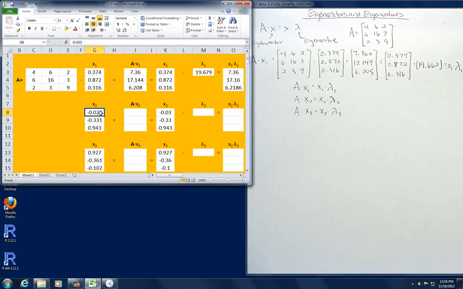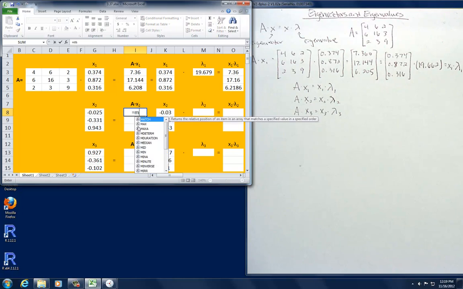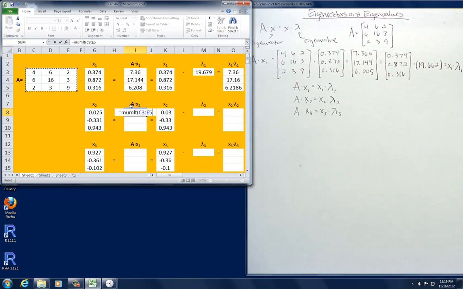So our x sub 2, our second eigenvector, is equal to this, and then we're going to multiply A times this vector, and it turns out to be this here: negative 0.2, then negative 2.617, and then 7.444, which is close to the values that you have in your text.